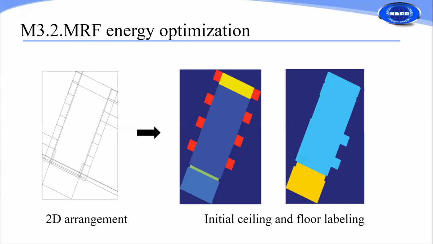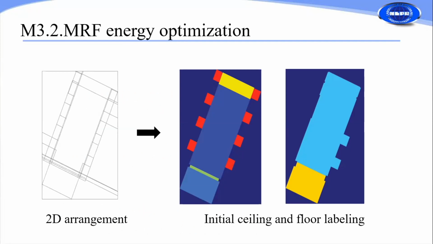By using the graph cut algorithm, we could get the ceiling label results, and in the same way, the floor labeling could be obtained.